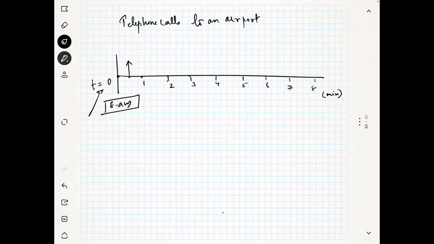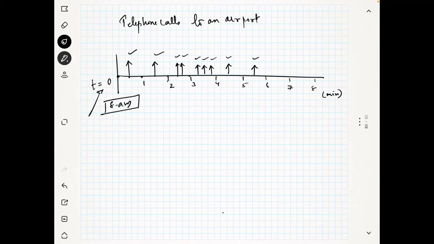This is representing an impulse function, and another guy is also coming in between. Maybe between 2 and 3 you may get 2 calls, so after one call you may get another call also. So here you are getting 3 calls, let's say, and maybe one call here, maybe one call here. So how many calls are you getting? 1 2 3 4 5 6 7 8 9.